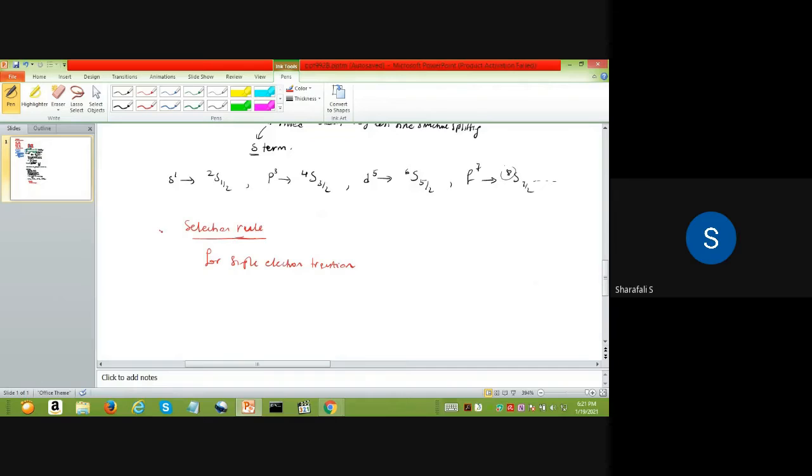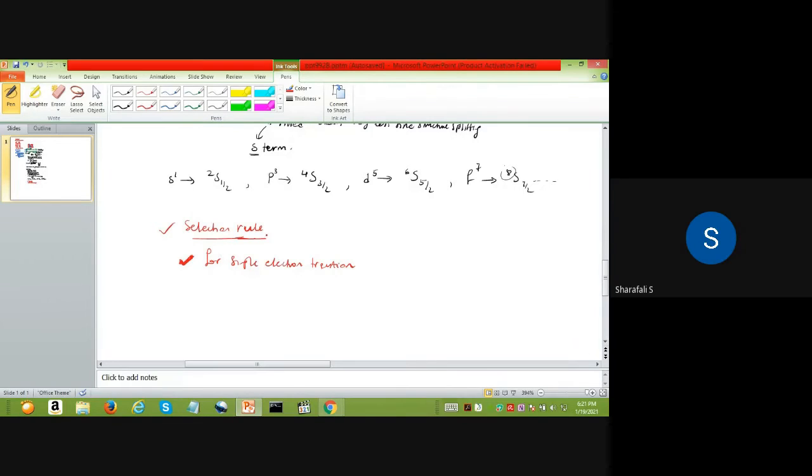The electron has to move from a higher state to a lower state, and those transitions are controlled by some rules. Those are called selection rules. After LS coupling, from which state to which state the electrons can go is also restricted.